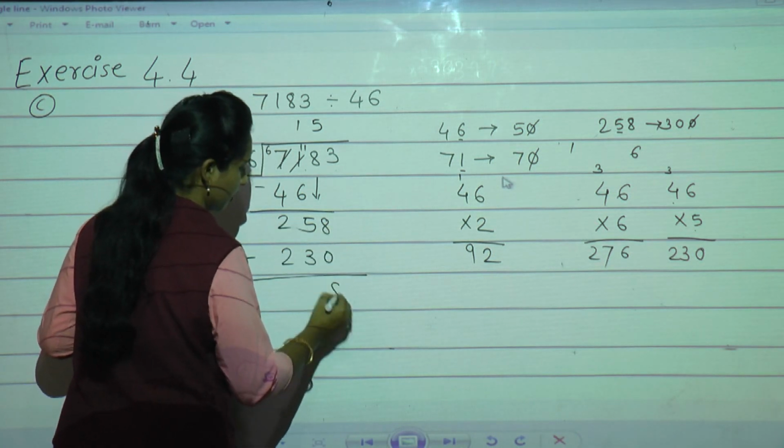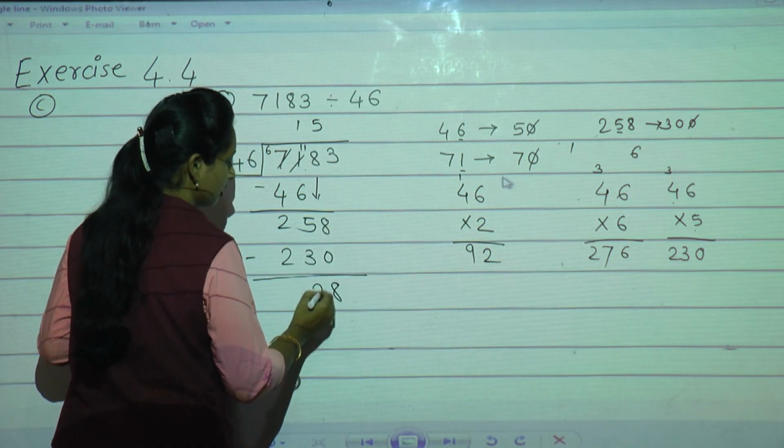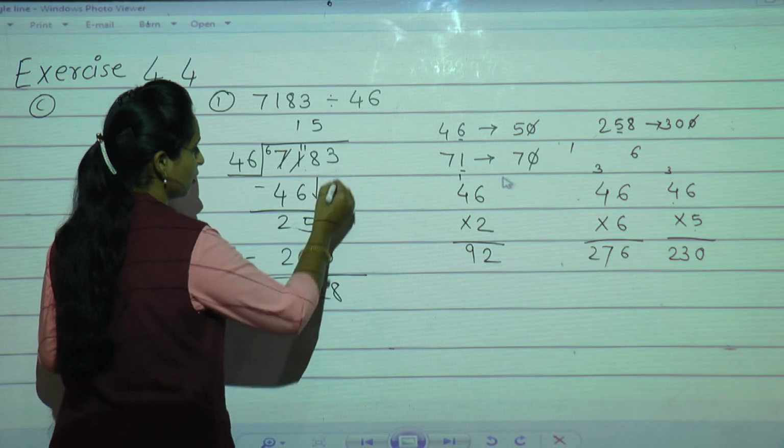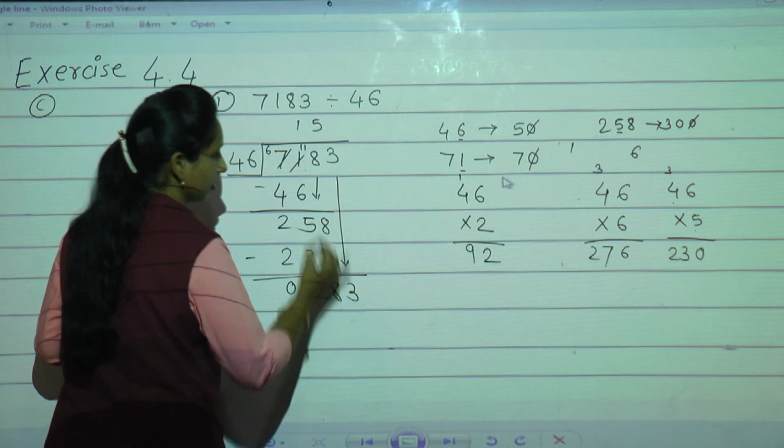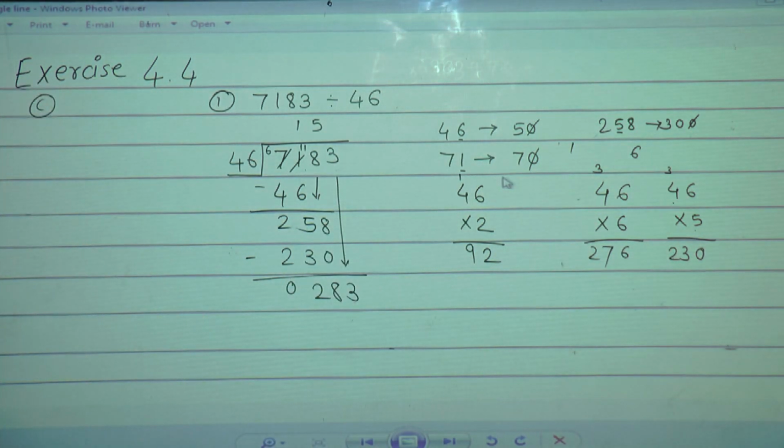6 minus 0 is 6. 5 minus 3 is 2. 2 minus 2 is 0. Now bring down 3. Okay. Now see, what is there? 283.